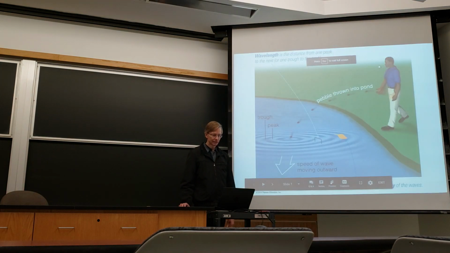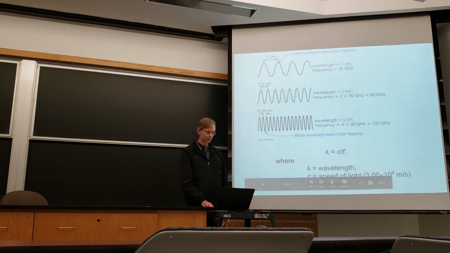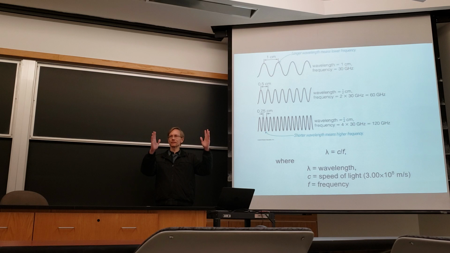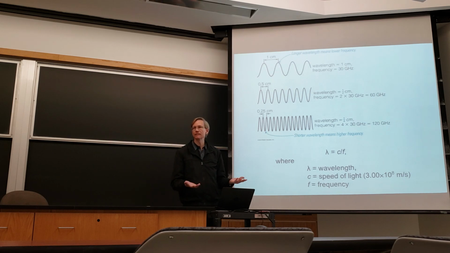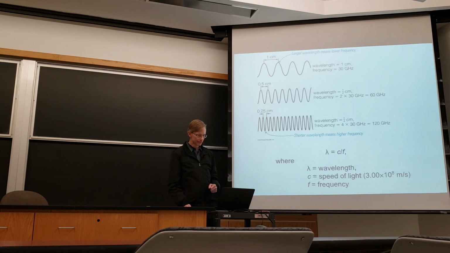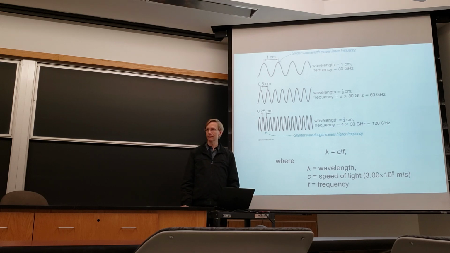So certainly you want to know what wavelength is, you want to know what frequency is. Wavelength is the crest to crest distance, the distance over which a wave repeats itself. The frequency is how many wavelengths pass by you every second, and the higher the frequency, the shorter the wavelength, and vice versa.